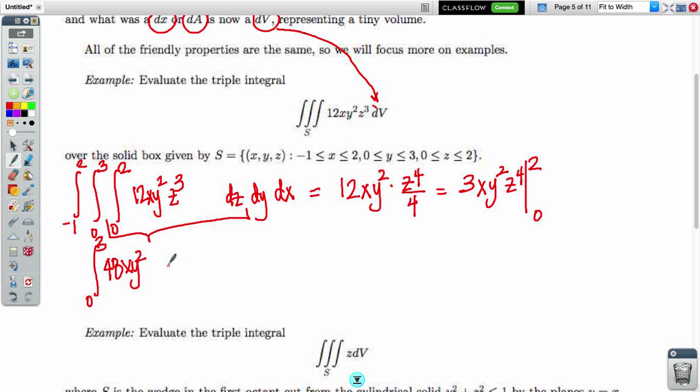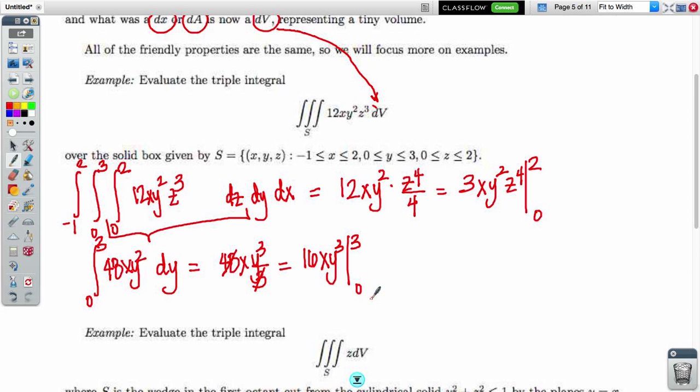And we'll move on to our second integral, which is going to go from 0 to 3. I'm not writing out this entire thing, I'm just writing out the second piece. So integral from 0 to 3, 48xy squared with respect to y. When we integrate with respect to y, 48x is a constant, and then this is y cubed over 3. The 48 and the 3 simplify. 48 divided by 3 is 16. So 16x y cubed, and then y is going from 0 to 3.